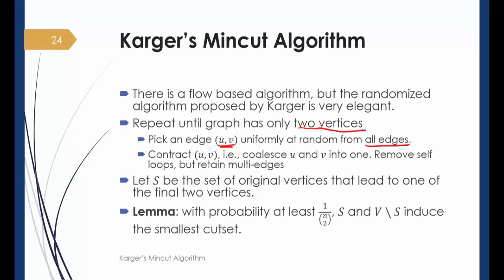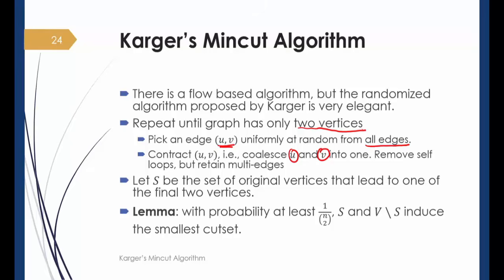And what do we mean by that? We coalesce the two vertices. So, the edge u v is connecting vertex u and vertex v. We coalesce them into a single vertex. And so any edge between u and v now becomes a self loop. So, we simply remove those self loops, but then there could be multi edges, and we will see how such multi edges could form from an example that we will look at shortly.